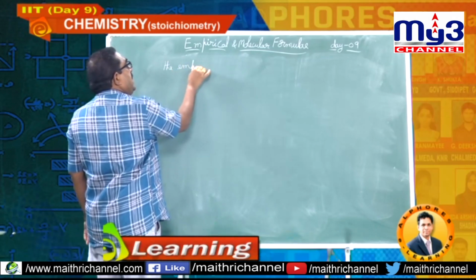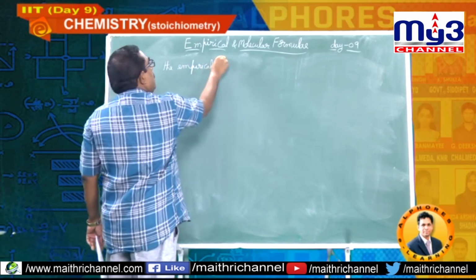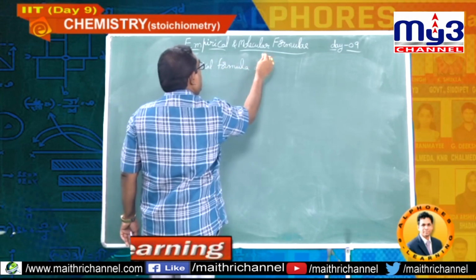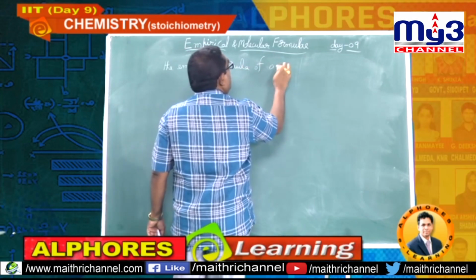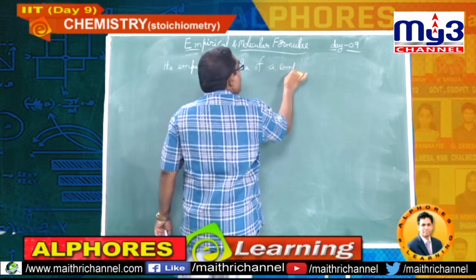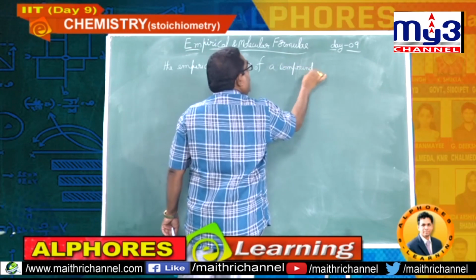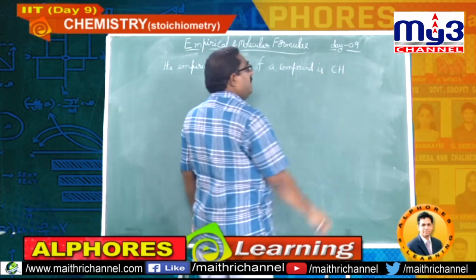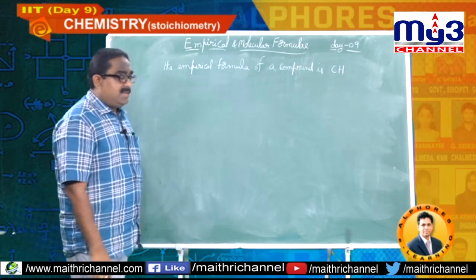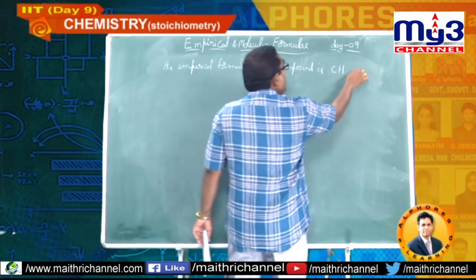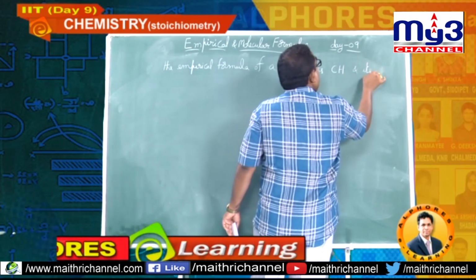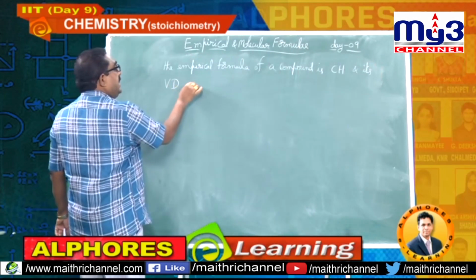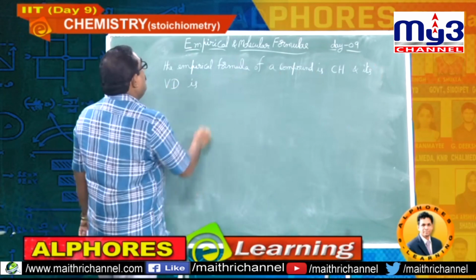The empirical formula of a compound is CH and its vapor density is 14.